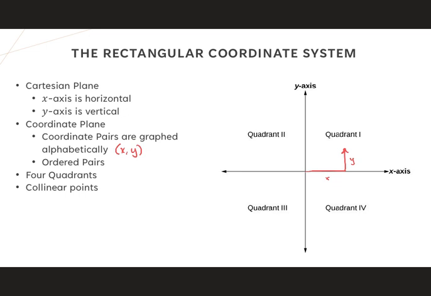Same thing could be done in any of the four quadrants. Okay, so I could go 0 and then backwards, where now I've got an x and a y. I could go down and backwards, etc., etc.